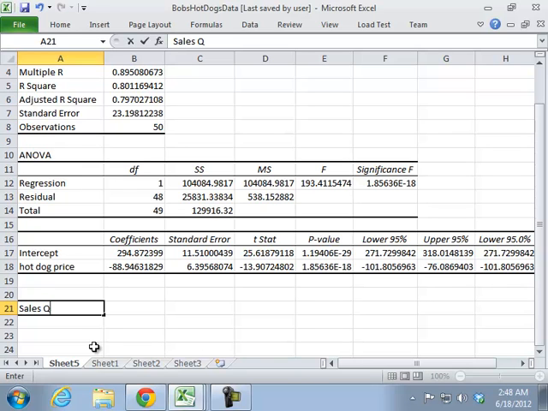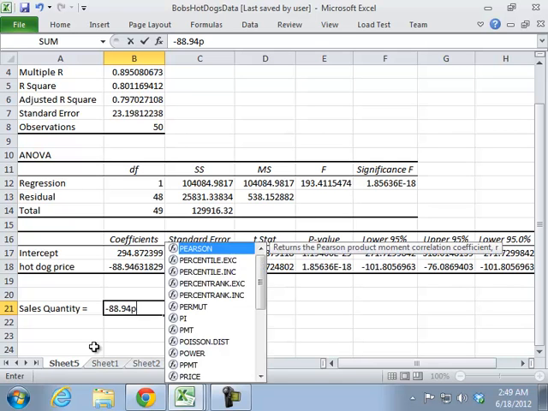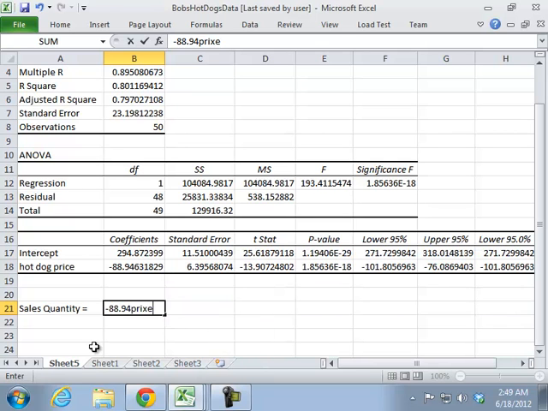Because we said that sales quantity was our Y, what our equation will look like is sales quantity equals negative 88.94 price plus 294.87.